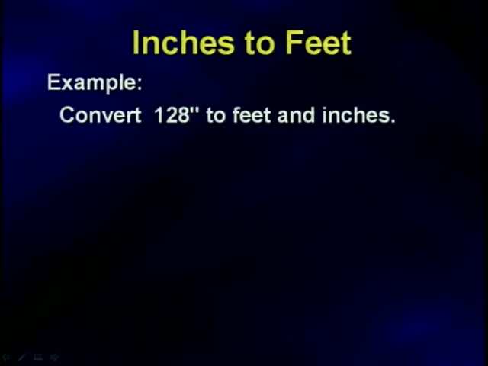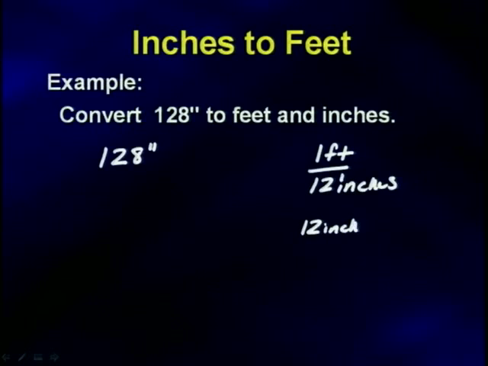So all we're really going to be doing is changing the units. So let's convert 128 inches to feet and inches. So we have a choice. You can either use 1 foot over 12 inches, or you could use 12 inches over 1 foot. But we want the units to cancel. So I know if this one has inches, and I multiply it by the first choice, 1 foot over 12 inches, then the inches units will cancel just like what we do when we multiply fractions.